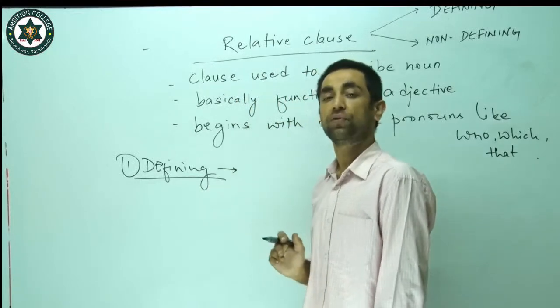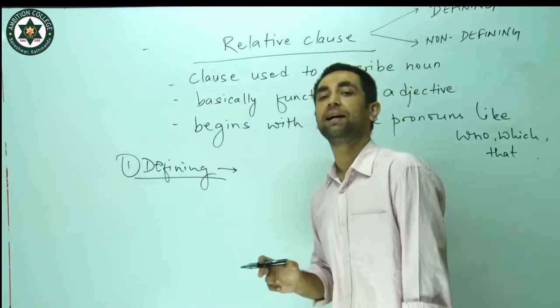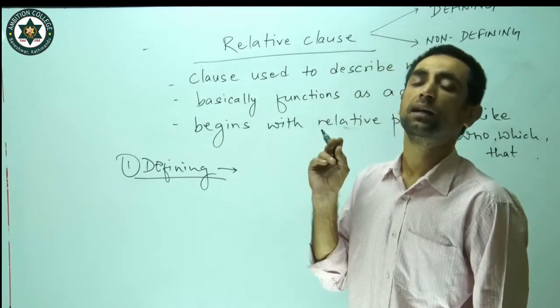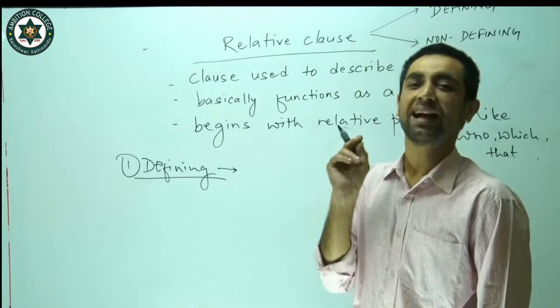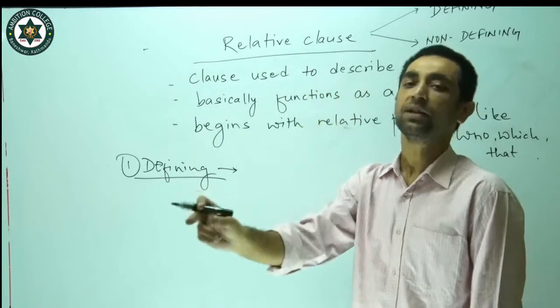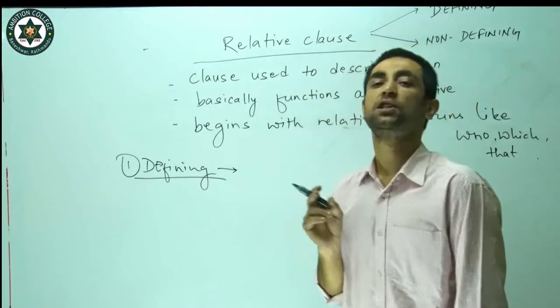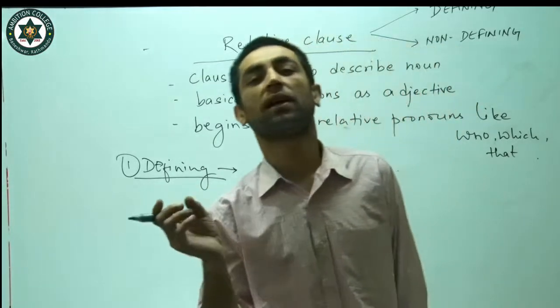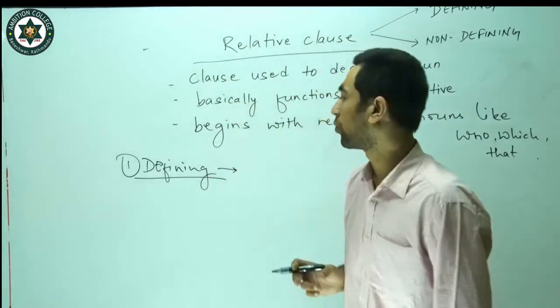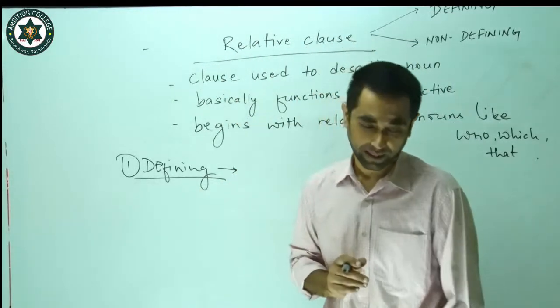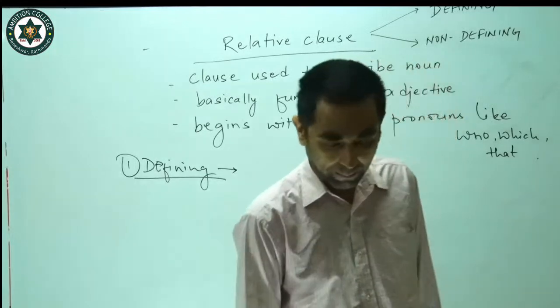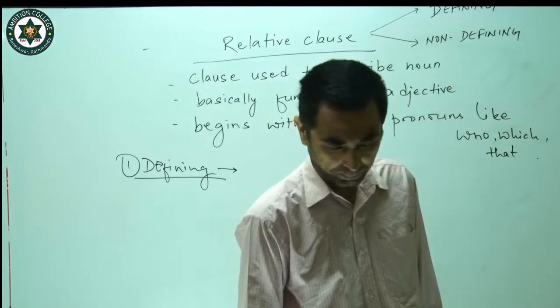But if it does not provide the information that helps us to identify the object, rather is providing just the information about the noun, we call it a non-defining relative clause. For example, let's take it this way.